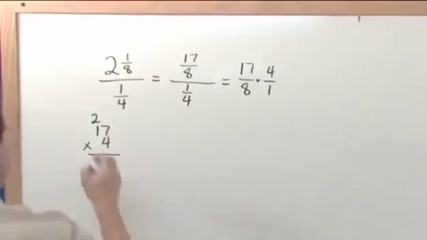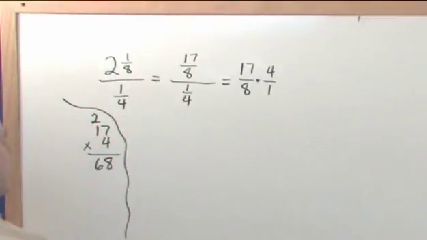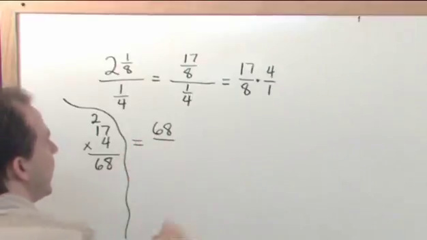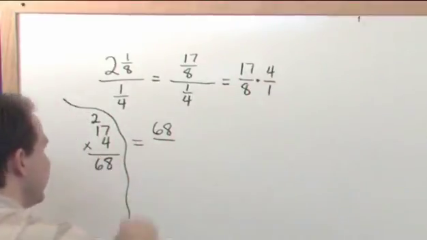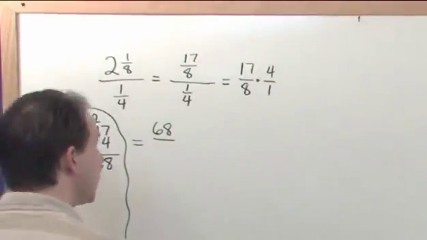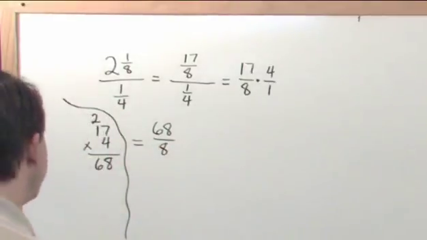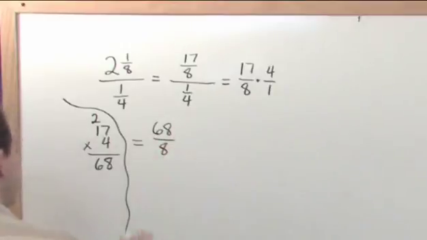So the answer is 68 on the top, because 17 times 4 gives me 68, and then on the bottom, 8 times 1 gives me 8. Okay, so here is the answer: 68 over 8. That is how many jelly beans I can fill.